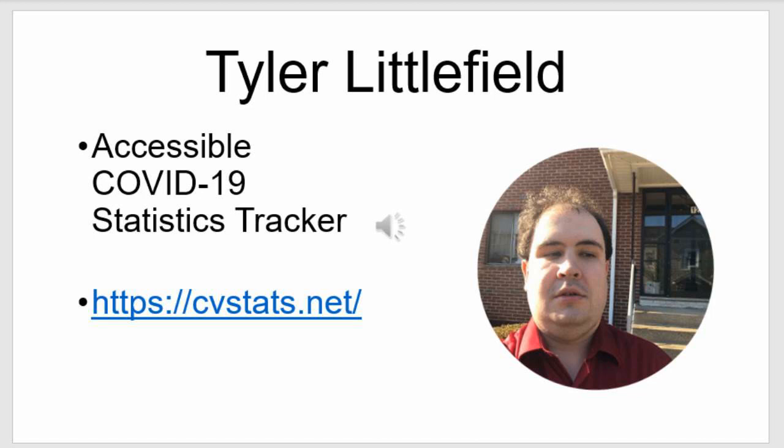All right. Here we are on the web page. It is called Accessible COVID-19 Statistics Tracker - Microsoft Edge. And I am using JAWS with Microsoft Edge, the very latest version, the Chromium version. And let's go down through this page. Accessible COVID-19 Statistics Tracker, heading.